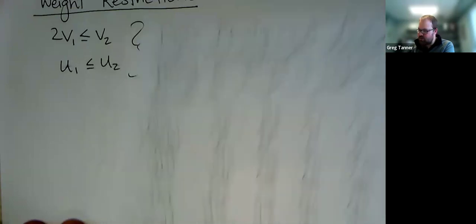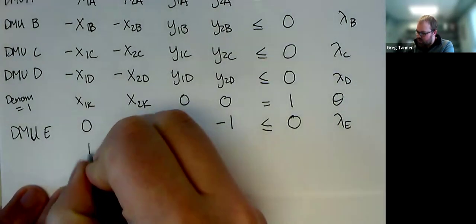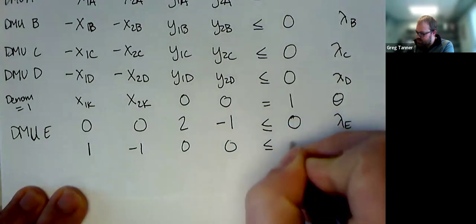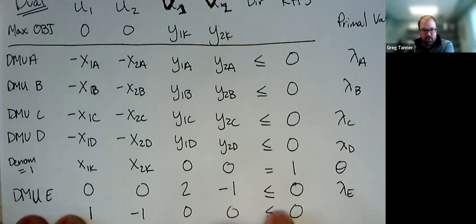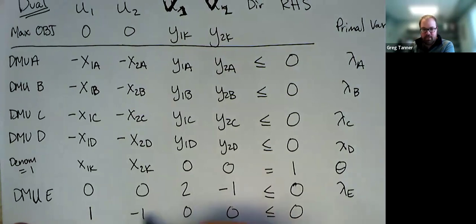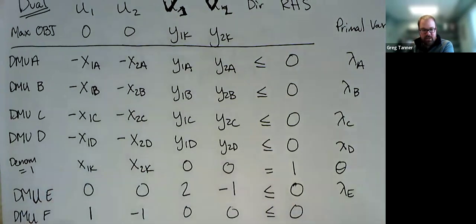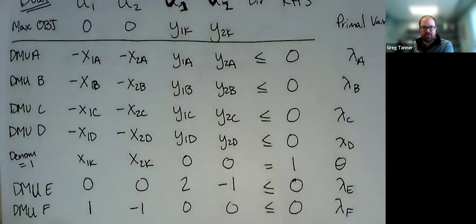We'll subtract U2 over to the other side. That would put a 1 here, a -1 here, 0, 0, less than or equal to 0. So 1 in the U1 column, -1 in the U2 column, 0 in the V1 and V2 columns, 0 on the right-hand side, and we'll call this DMU F. So E and F are imaginary DMUs.